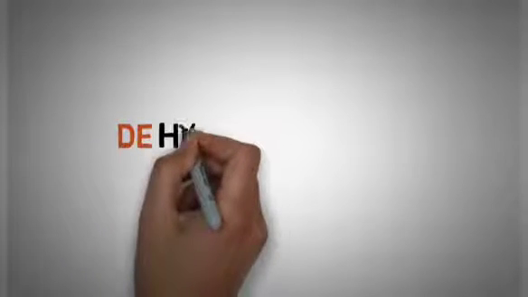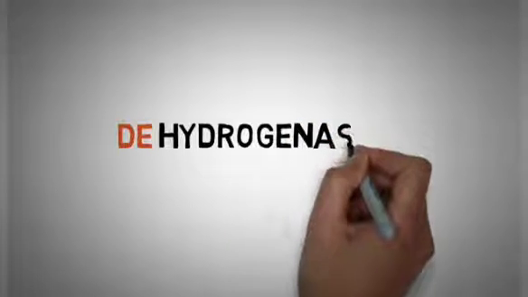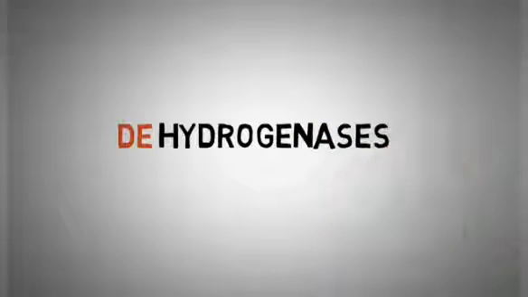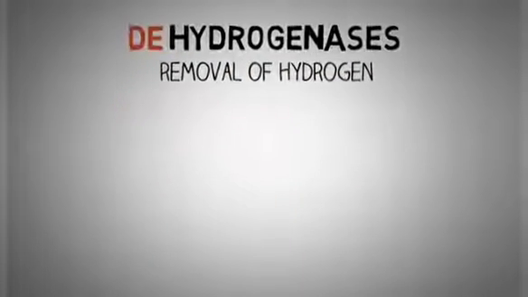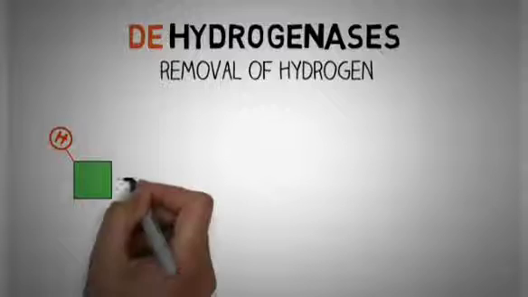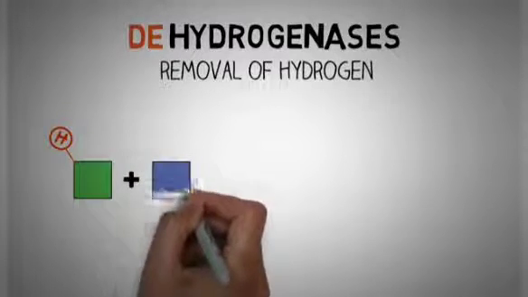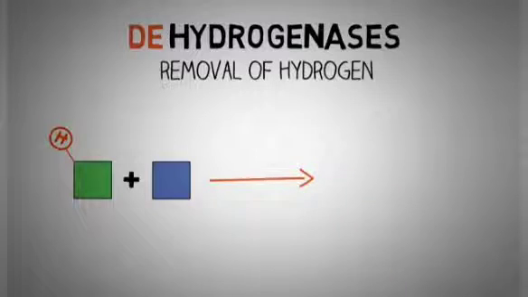See, if you look at the term itself, dehydrogenase, this literally means removal of hydrogen. So, dehydrogenases are basically enzymes that remove hydrogen from a molecule. Now, as you remember, removal of hydrogen is also known as oxidation. And the hydrogen that is removed from one molecule must be passed on to some other molecule.